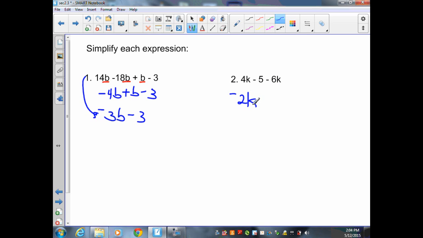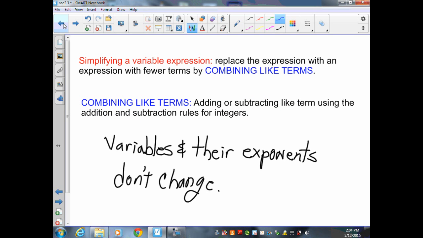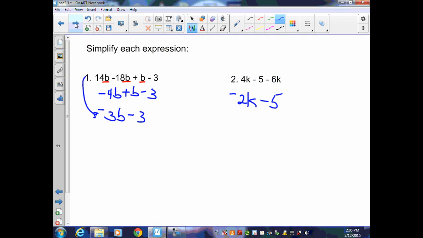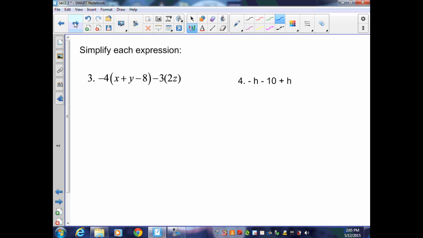Bring down the variable and bring down the minus 5. Now recall what I said on the previous slide. Variables and their exponents don't change when combining like terms. So notice I started with a negative 4b, negative 18b, and b. The variable is still b. Over here, k and k, my variable is k. Nothing changed, just the coefficient by the addition and subtraction rules.